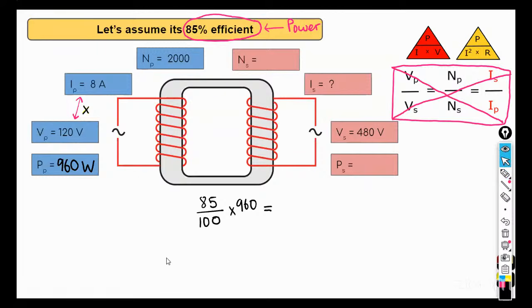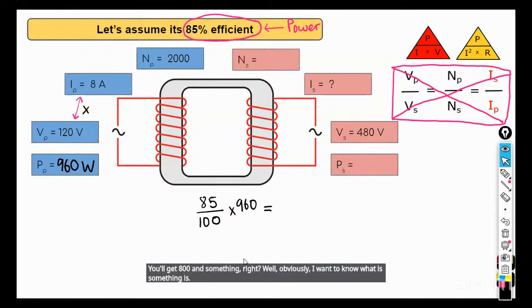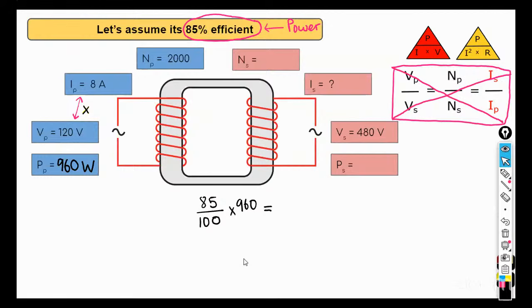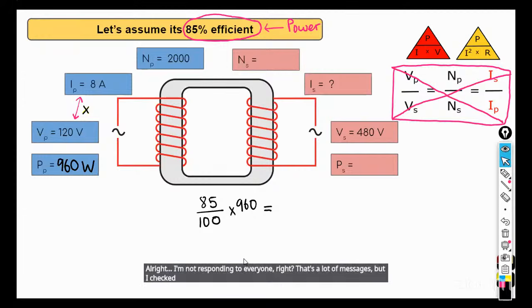You'll get 800 and something, right? Well, obviously, I want to know what the something is. Right, one person, two people, three people have it correct. I'm not responding to everyone, right? It's a lot of messages, but I am checking as much as I can. I'm checking, I'm reading, I'm doing what I can do.